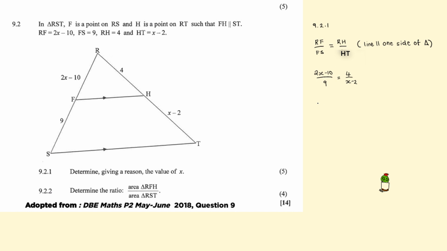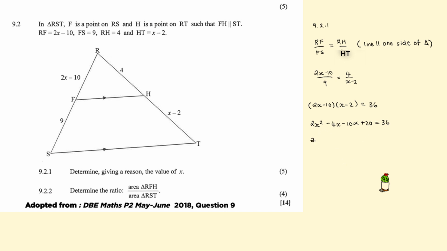Okay, now we can cross multiply, so we have 2x minus 10 into x minus 2 is equal to 9 times 4, which is 36, right? Then we're going to expand this bracket, which is going to give us 2x squared minus 4x minus 10x plus 20 is equal to 36, right?